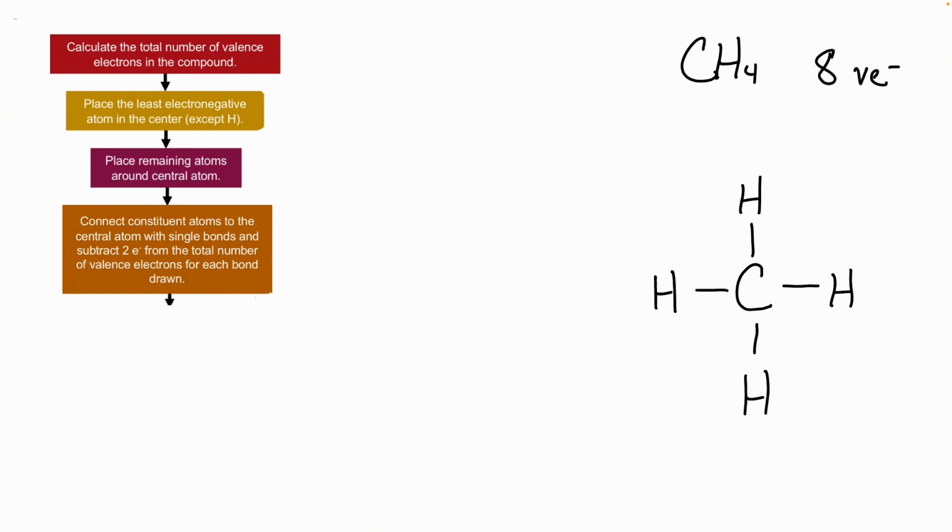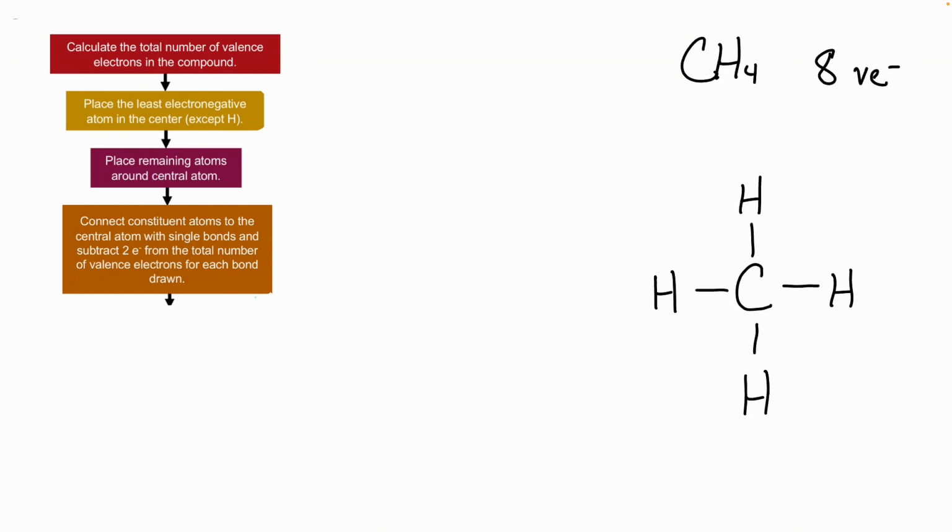Now we've already put some electrons down on the board by drawing those lines in there. Each one of those lines represents how many electrons? 2. So we're going to need to deduct from our total here. We had 8 to work with total. Let's count down how many we actually placed on the board.